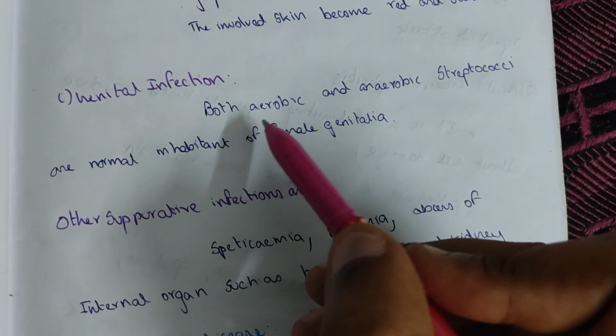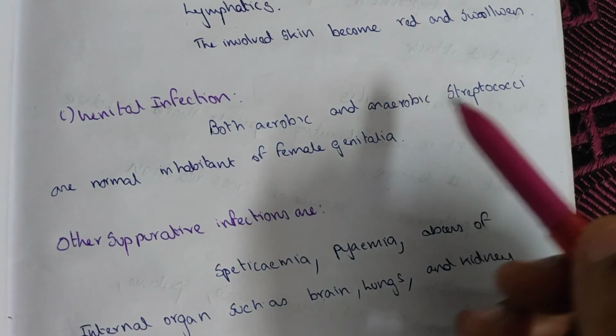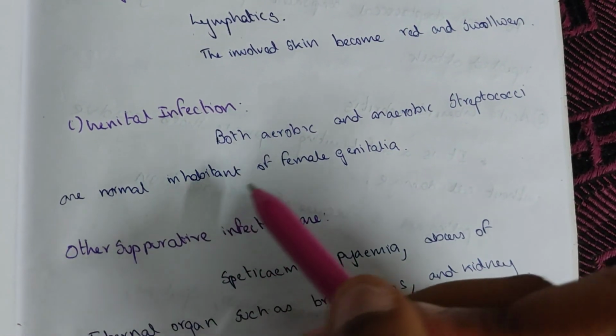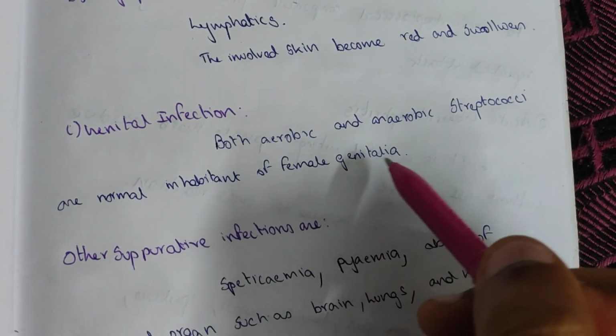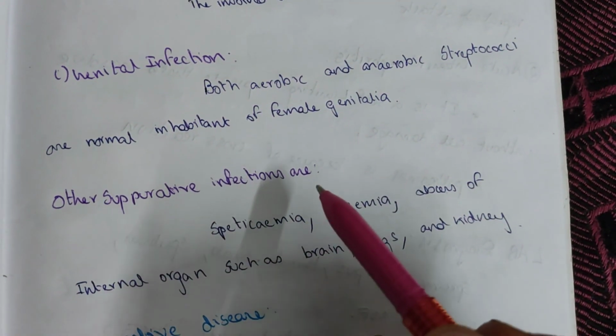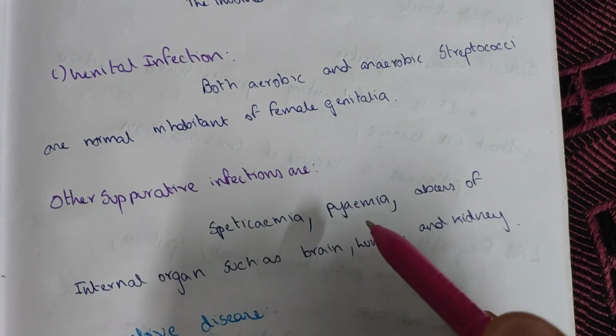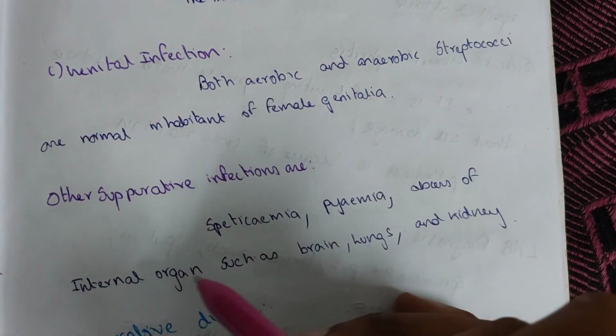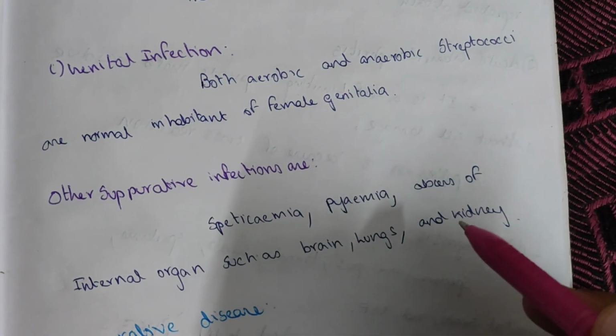Genital infection. Both aerobic and anaerobic streptococci are normal inhabitants of the female genitalia. Other suppurative infections are septicemia, pyemia, and abscess of internal organs such as brain, lung and kidney.